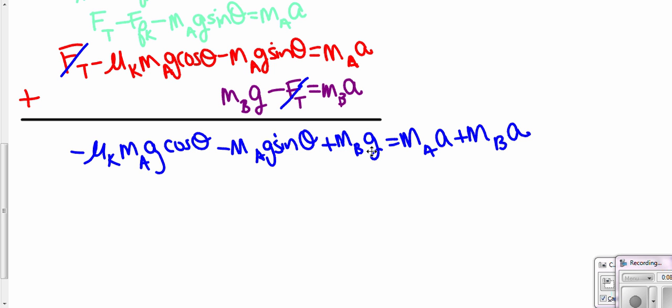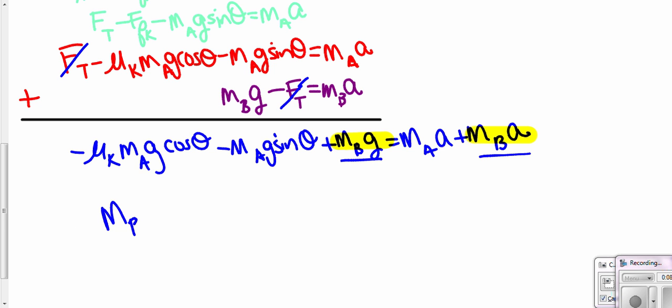Okay, and remember, I'm trying to find mass of B. And at this point, I know everything else. I know theta, I know mu, I know the mass of A. I just need to find mass of B. So I'm going to bring the mass of B over. And these two expressions both have mass B in them, so that's what I'm trying to solve for. So bring them all over to one side.